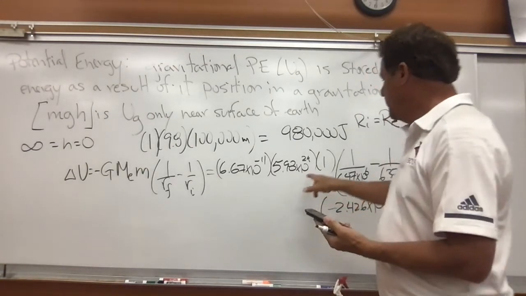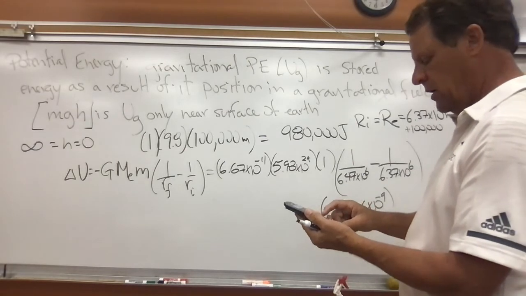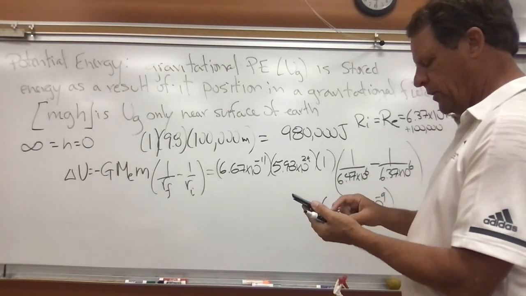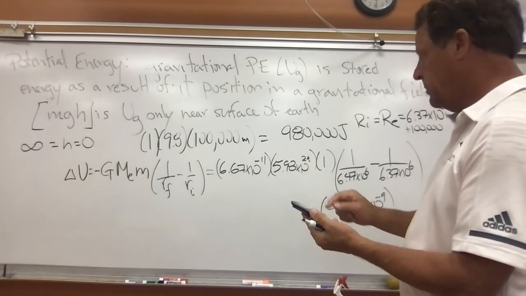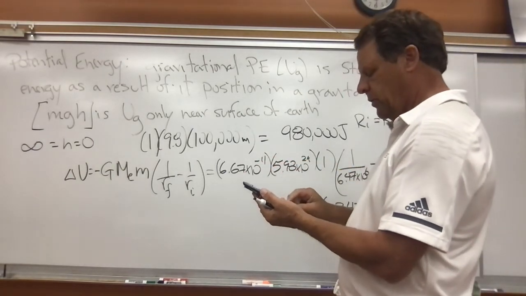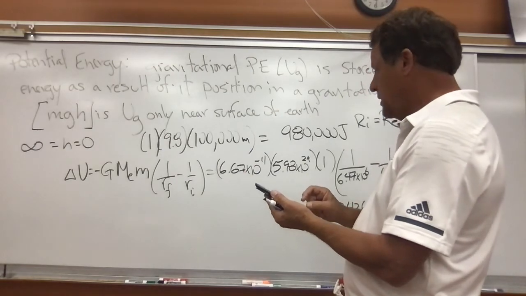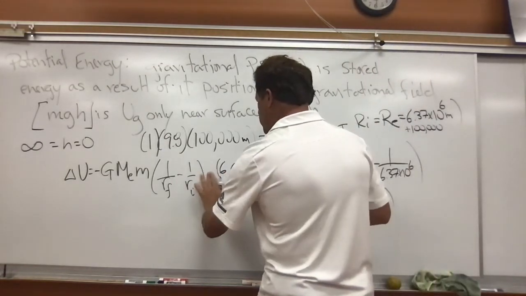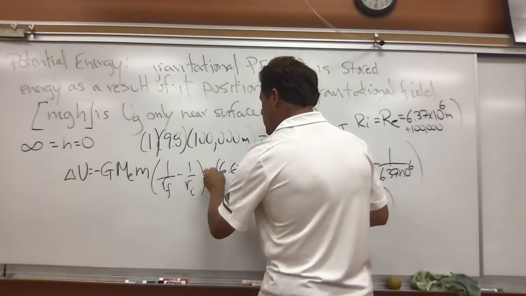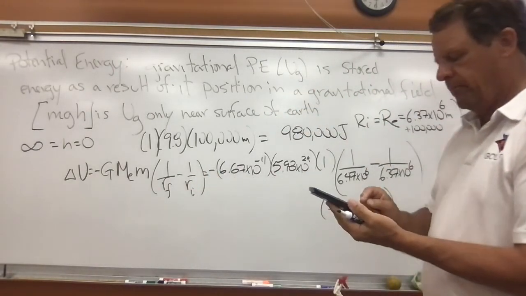Okay, so I'm going to multiply that by 1, multiply that by 5.98 times 10 to the 24th, and multiply that by 6.67 times 10 to the negative 11th. And remember, I forgot to put in this, that's going to be negative, okay?